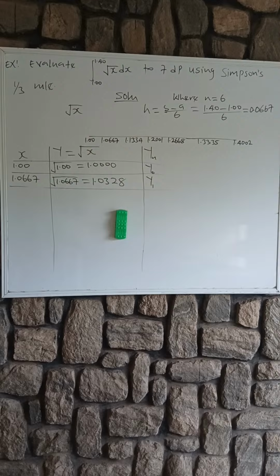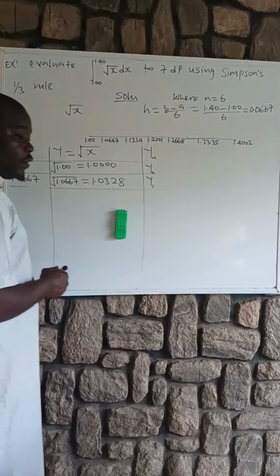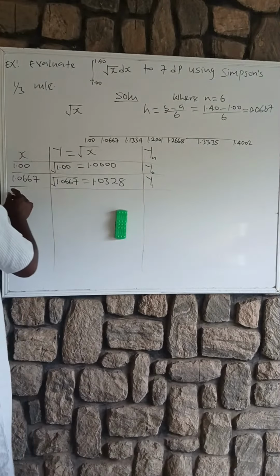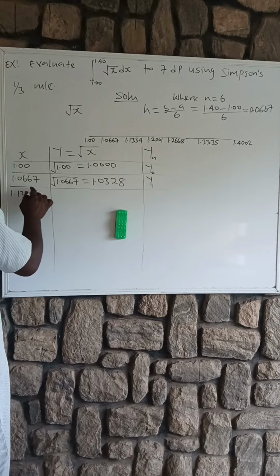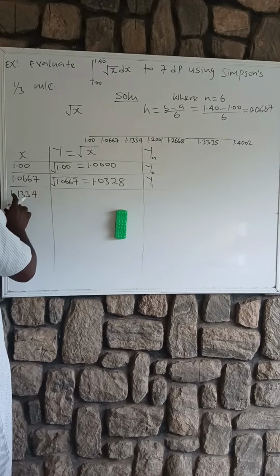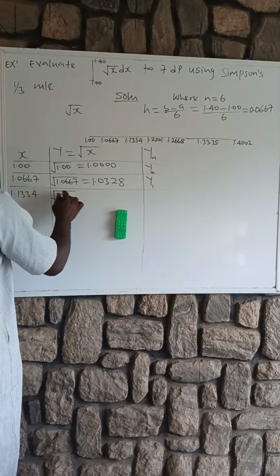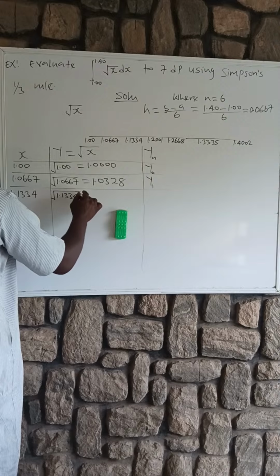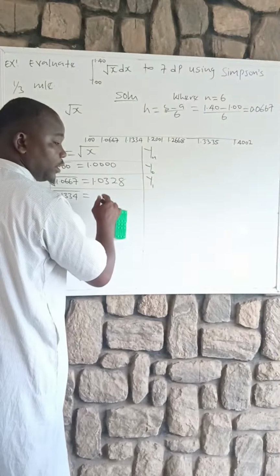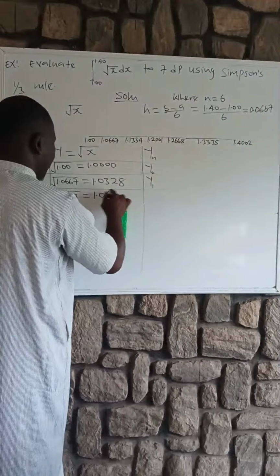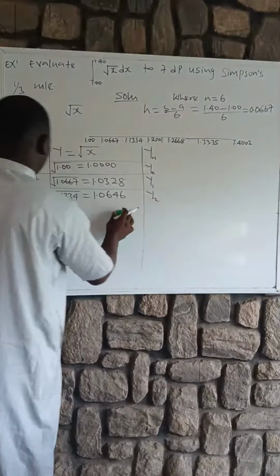Okay. Then let's proceed further to consider this, 1.1334, right? So the square root of 1.1334 will give us 1.0646, right? This is y2.